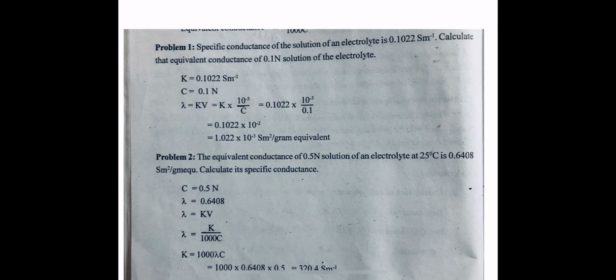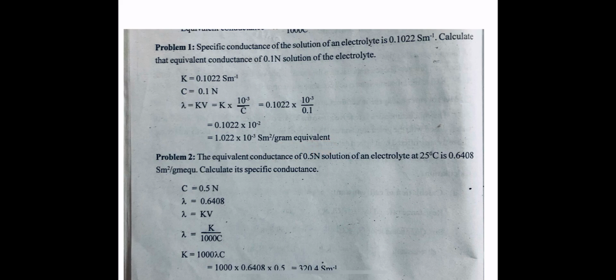This is because the equation of equivalent conductance has the 1000 divided by C, so if 1000 goes to the numerator, we will get 10 raised to minus 3. By substituting these values and doing the calculation, we are going to find the equivalent conductance of the solution.